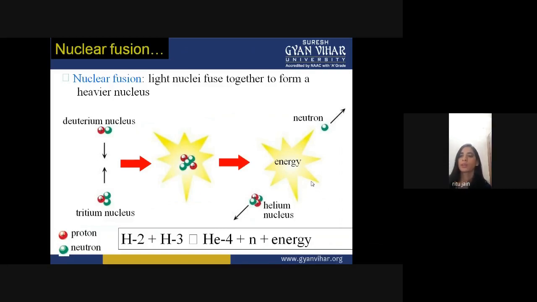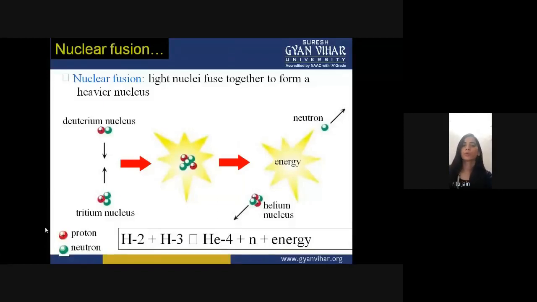You can see over here that when a deuterium nucleus and a tritium nucleus collide with each other, this releases energy, and this is the equation showing the energy that is released. This is showing your proton, and this is showing your neutron.